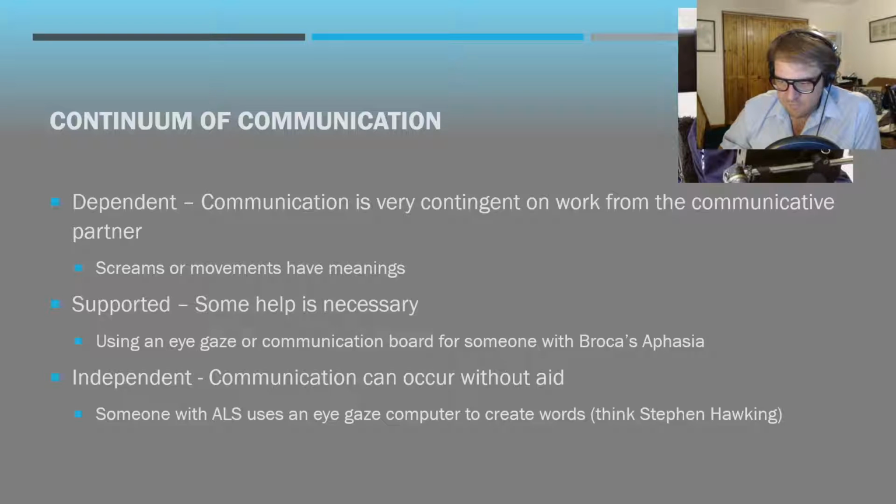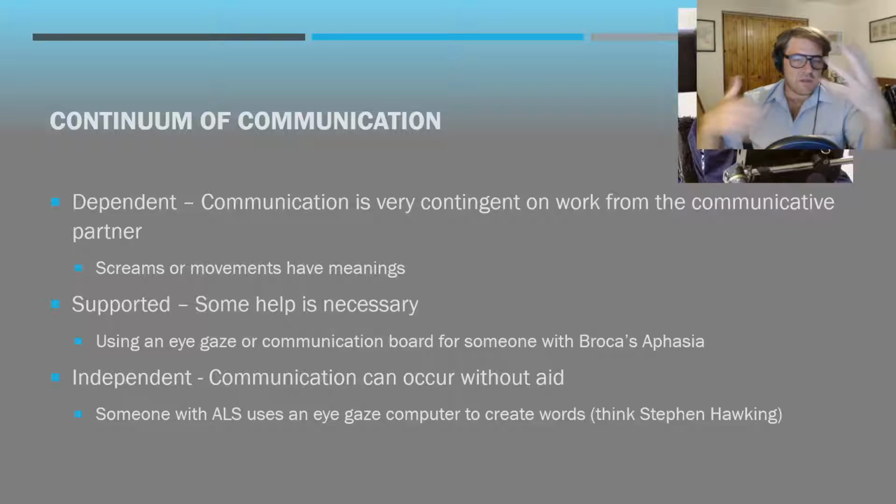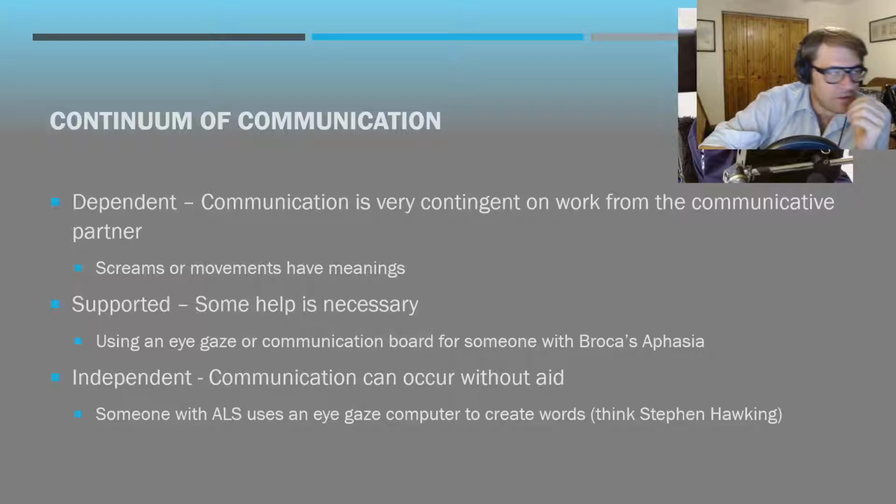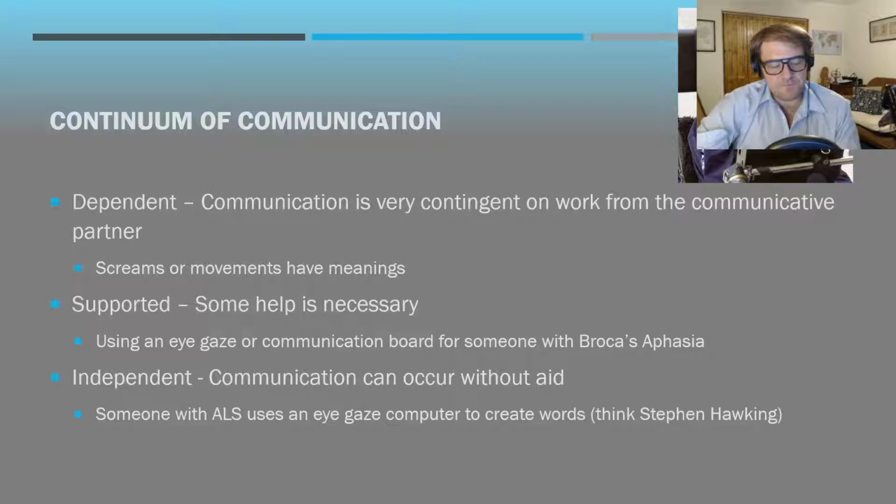Type them in ahead of time and then just look at a thing and they would play. So he's a completely independent communicator. He can basically type out something that he wants to say and then say it without really any work from someone else. No more work than regular, I don't want to say typical, communication.